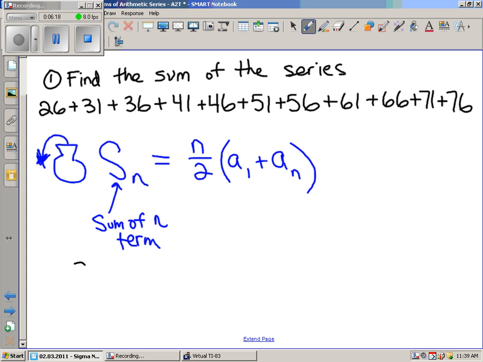So here's what you do. How many terms are there? There are 1, 2, 3, 4, 5, 6, 7, 8, 9, 10, 11 terms there. So we want the sum of 11 terms. That means that there is 11 divided by 2 pairs. The first term was 26 and the last term was 76.